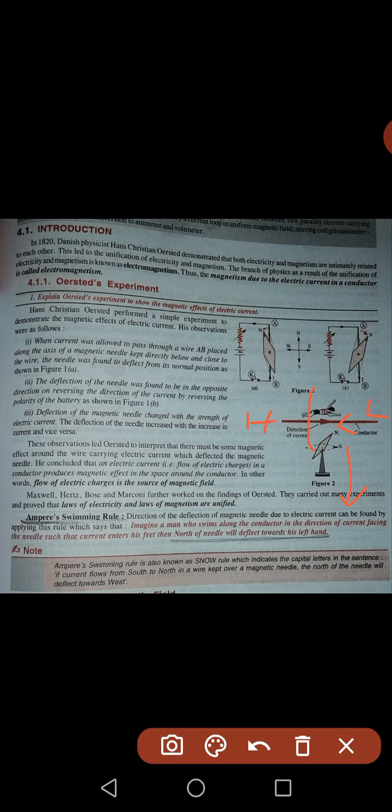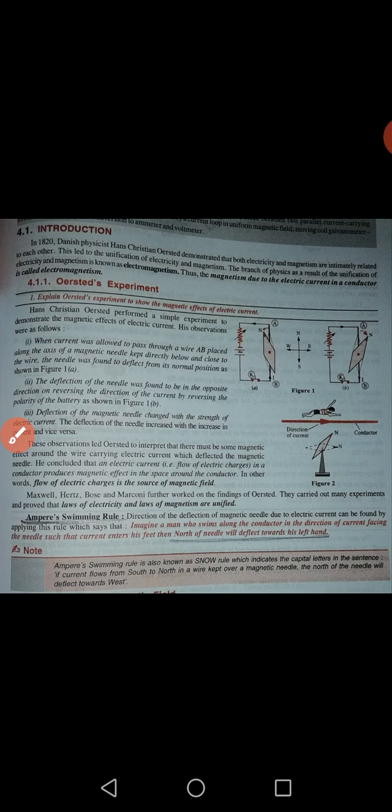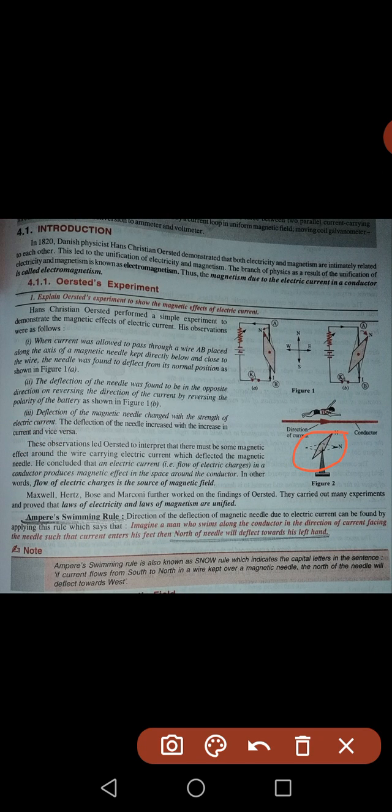Now suppose another case. This needle is not here, but the needle is above the wire. Suppose this is the needle. This is the north side, this is south.